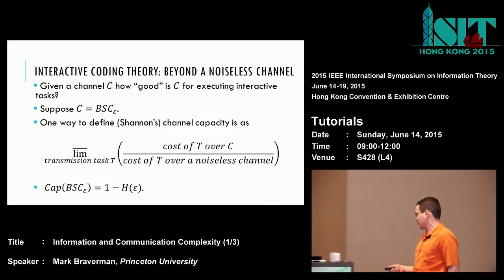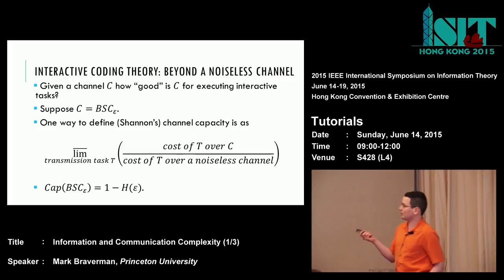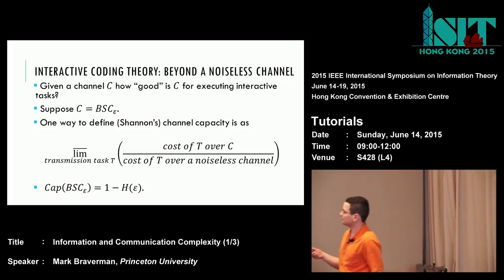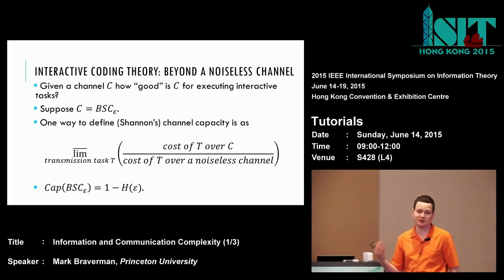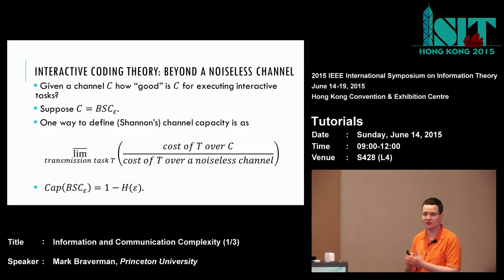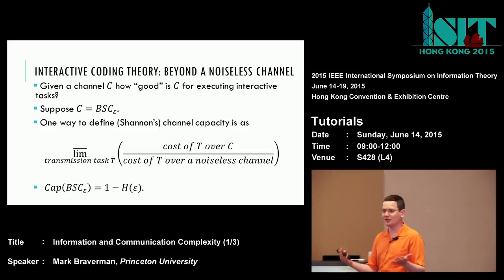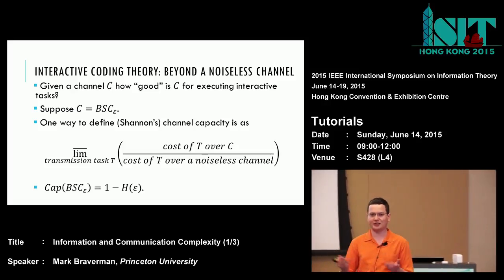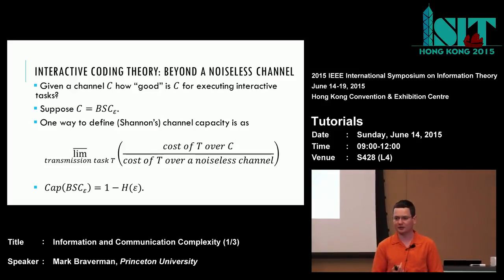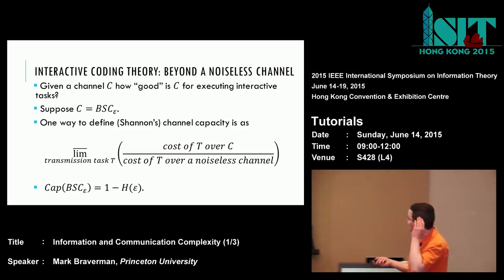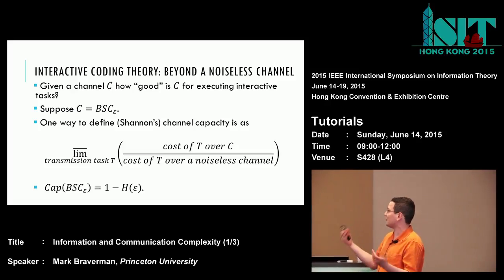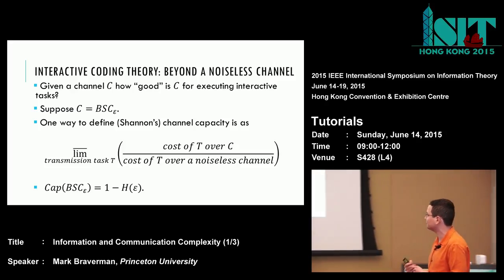Finally, let me mention the problems about interactive coding theory, which might be of more interest to this audience. Beyond noiseless channels: so far, all of our discussion essentially involved a noiseless binary channel. Suppose we have another channel C between Alice and Bob.